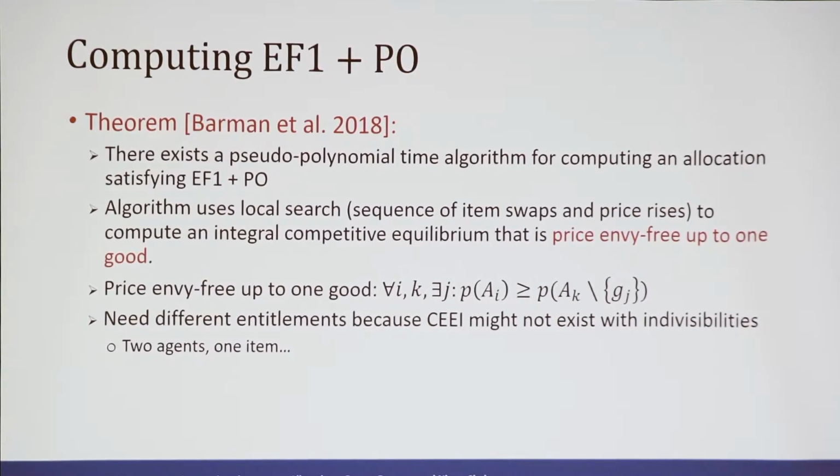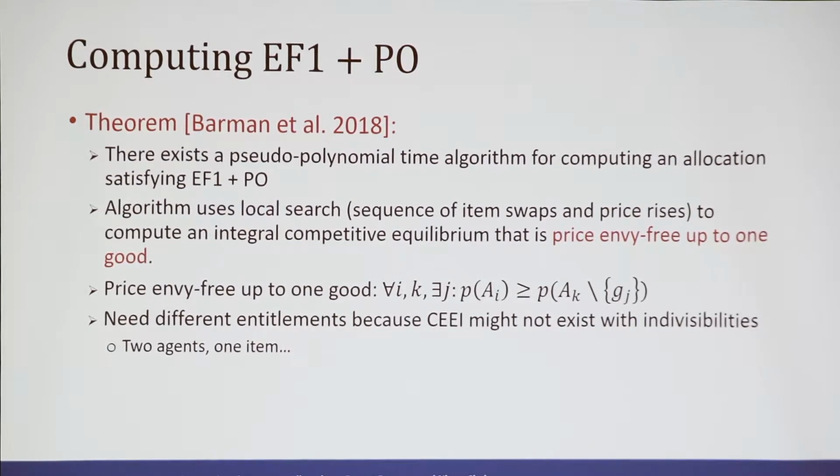What this algorithm does is it uses a local search, a sequence of item swaps and price rises, to compute an integral competitive equilibrium. An integral competitive equilibrium is a competitive equilibrium where no goods have to be allocated fractionally. The nice thing about the competitive equilibrium framework is that it guarantees Pareto optimality. This is a fundamental theorem from economics. The problem is that such an equilibrium might not always exist.